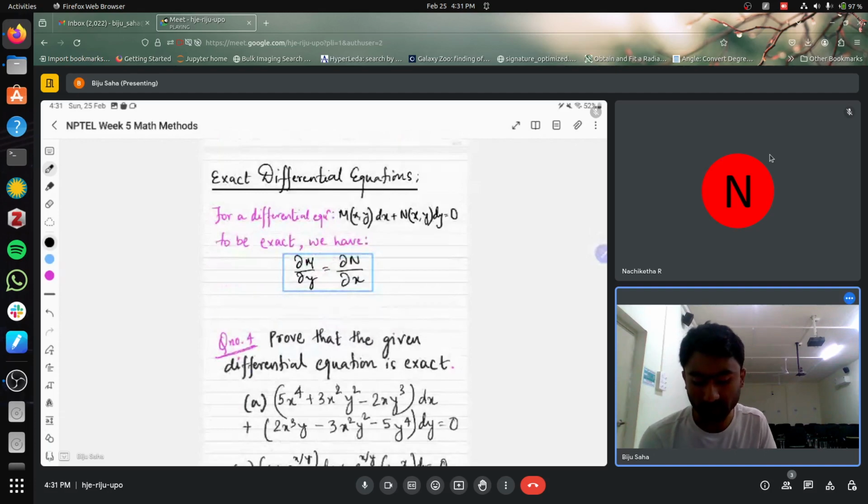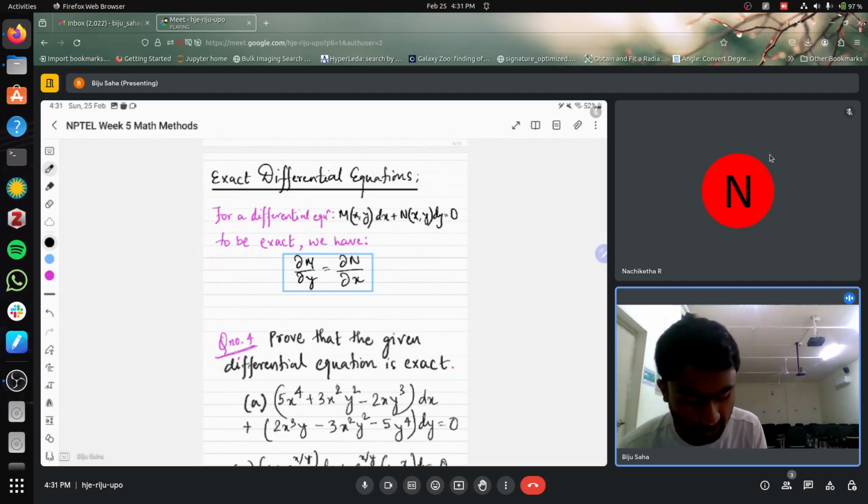For a differential equation to be exact, this relation has to be satisfied. My differential equation is written in this form: M dx plus N dy, where M and N are functions of x and y. If the differential equation is exact, then del M by del y is equal to del N by del x.